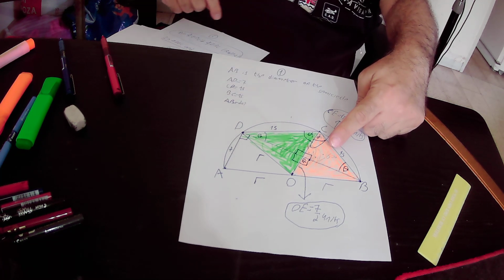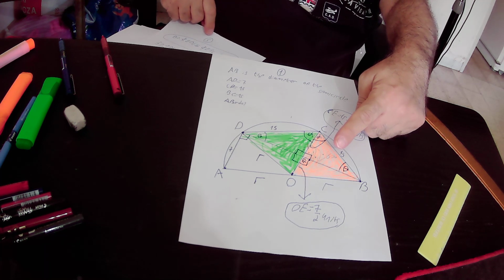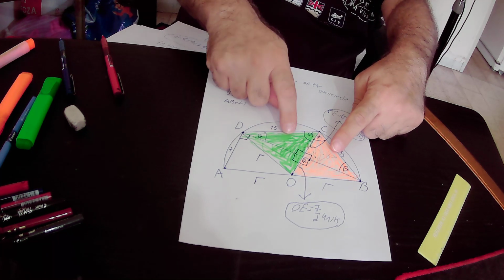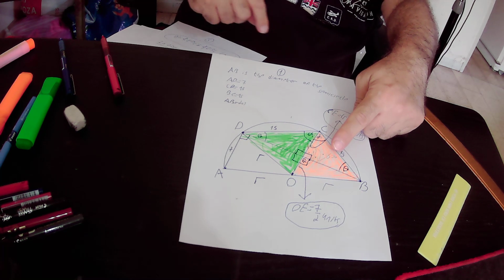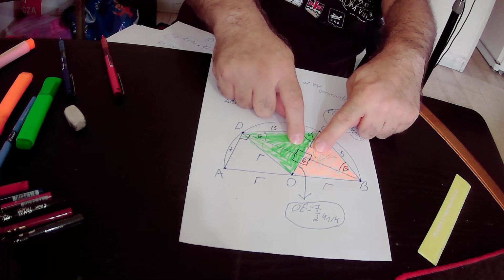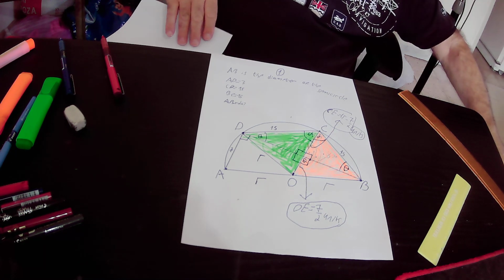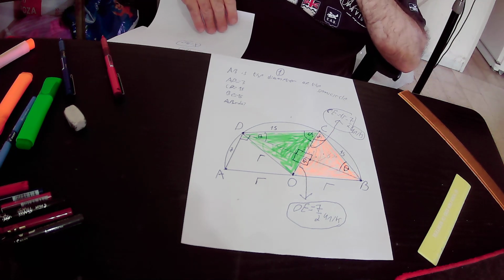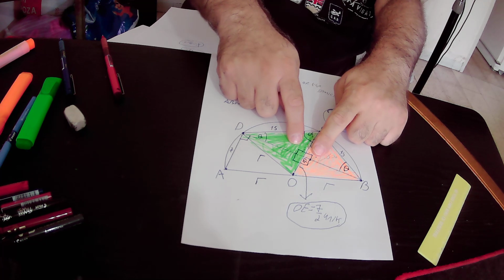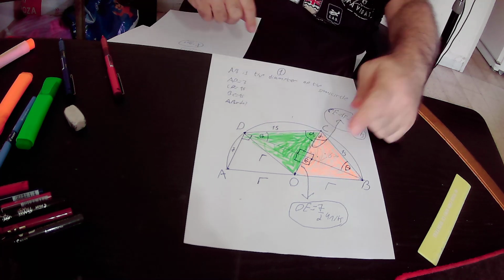Okay, so from the fact that those two triangles are congruent to each other, we can deduce that those two angles are also equal to each other according to corresponding angles in congruent triangles are equal to each other.